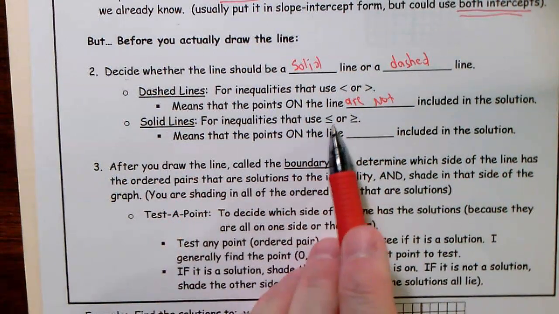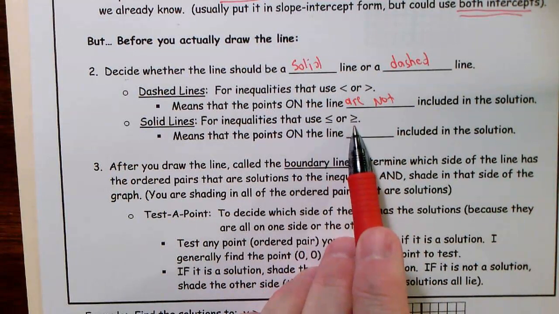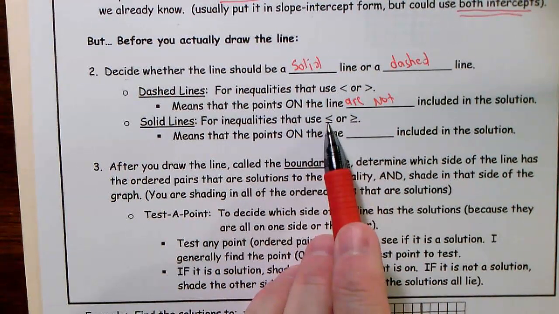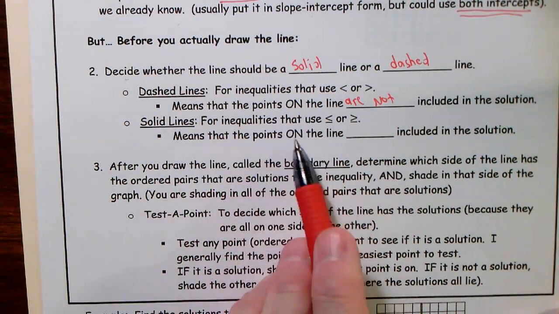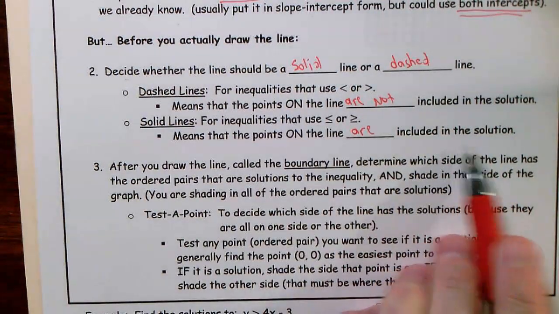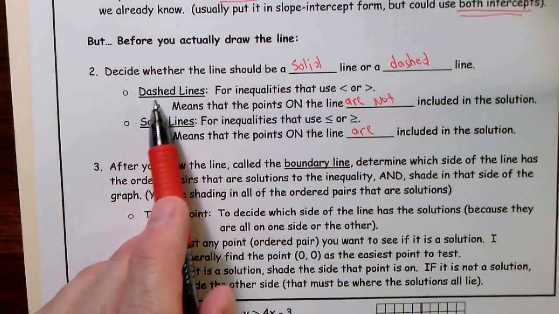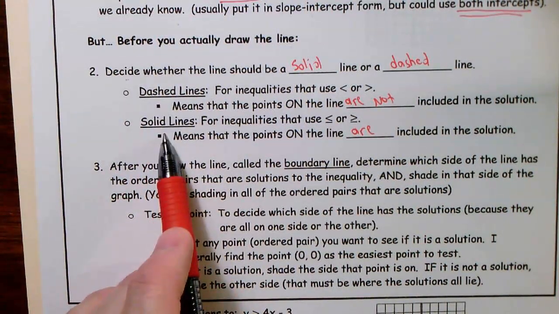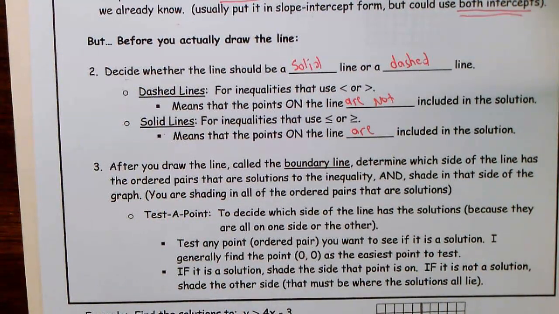Whereas, when you have a or equal to, so less than or equal to, greater than or equal to, as your inequality, you make a solid line. And that means that points on the line are included in the solution. All right, so that's the first thing you're going to decide. Should I make the line solid or dashed? And it is strictly based on what type of inequality you have.